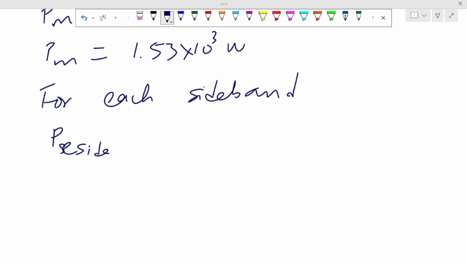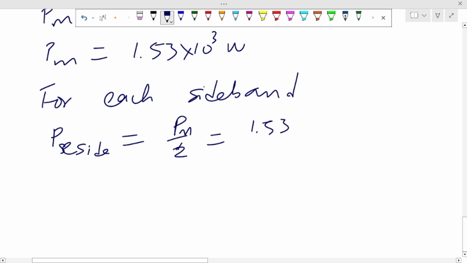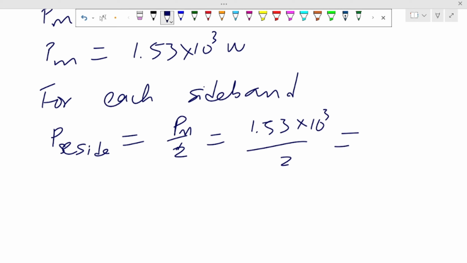Anyhow it will be PM divided by 2. So that will be 1.53 times 10 to the power 3 divided by 2. That will give you 0.765 times 10 to the power 3.